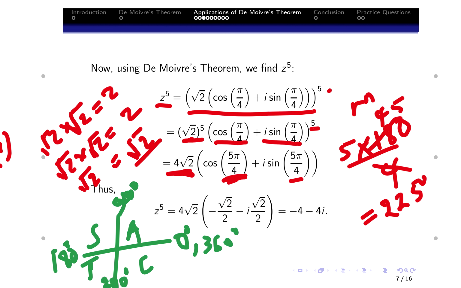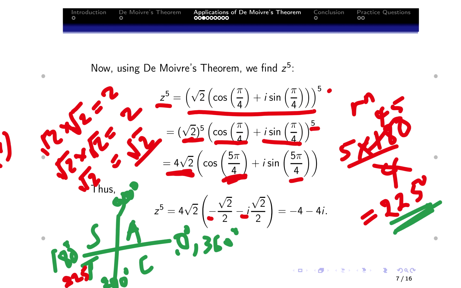Now we are dealing with 225 degrees. 225 degrees naturally falls into this place, the third quadrant. Since you are dealing with cos and sine, they are automatically going to be negative. That's why you see these negative values right here. And what does it correspond with?